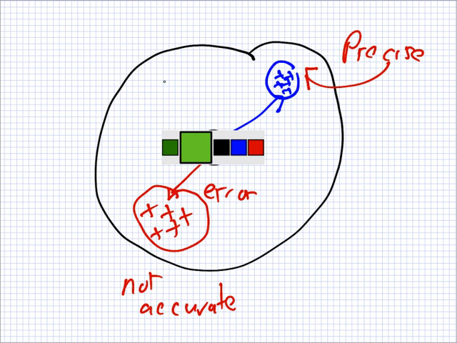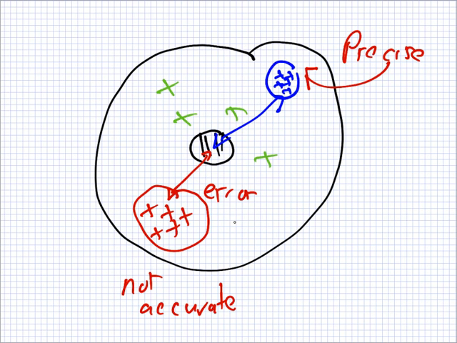What about this, in green? Not precise. Not precise and not accurate. No, it's not precise, but if you take the average it is accurate. Okay, so precise means how close together. Accurate means how close to the true value.